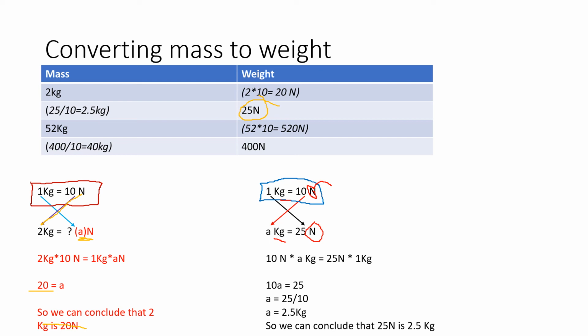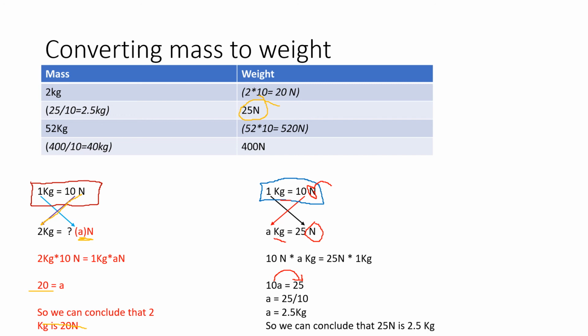So 10 into A will be equal to 25 into 1. So 10A is equal to 25, whereas A will be equal to 25 divided by 10. You all know that when something goes to the other side of the equal sign, we should do the opposite operation. The opposite of multiplication is division.